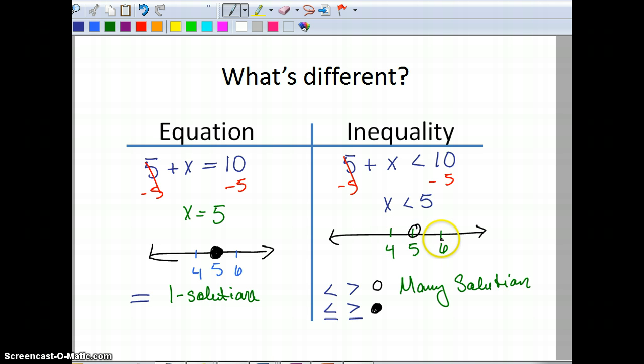Well, is 6 less than 5? No. Oh, 4 is less than 5. So when I graph my solution for an inequality, there will always be shading.